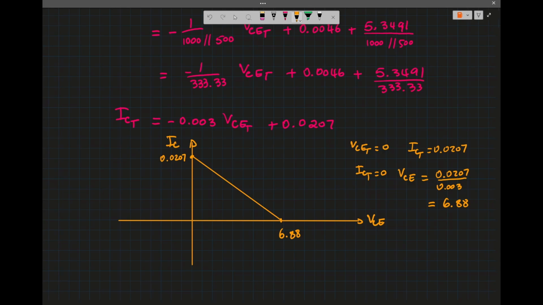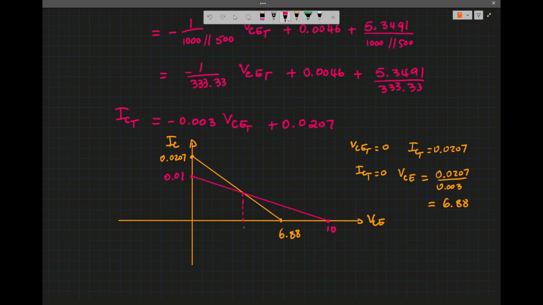Okay, and then we had the DC load line, which is this. So this was 10, this was 0.01, and that is the key point.